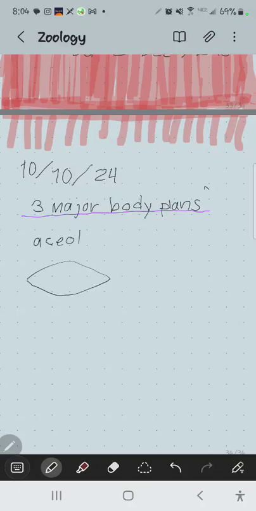Acoelomate just implies an organism. Acoelome refers more to the description of it. So anyway, we have three dermal layers, or three tissue layers. Let me go ahead and just draw them all in first here.